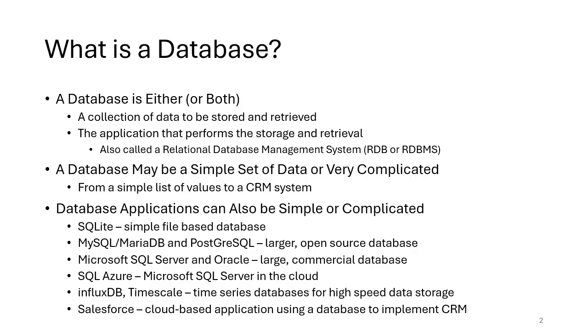Now, a database may be a very simple set of data or very complicated. You could argue that a simple list of values is a database, but so is a complicated customer relationship management system. They both store data, there's an application which manages the data, and then there is a way of retrieving the data. And again, these database applications can also be simple or complicated, as we just discussed.